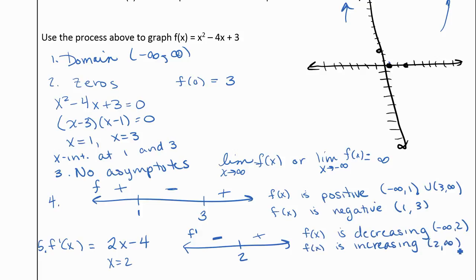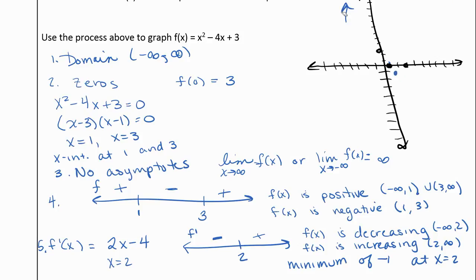Now, since we're going from decreasing to increasing, we know we're going to have a minimum at x equals 2. To get the actual minimum value, we're going to plug 2 into our original function, which gives us 4 minus 8 is negative 4, plus 3 is negative 1. So we've got the point 2, negative 1, and that's our minimum point.